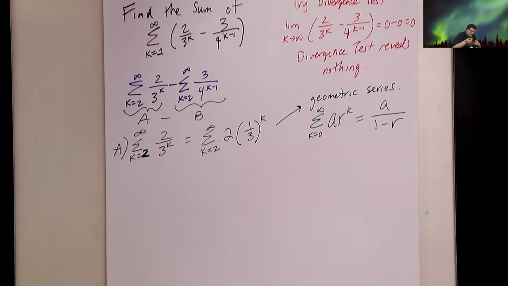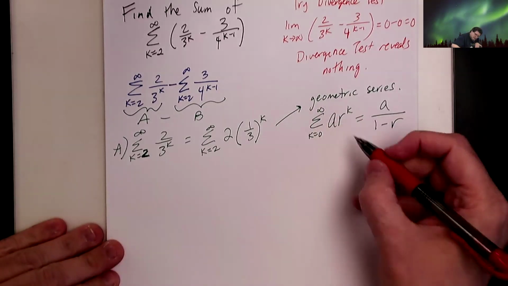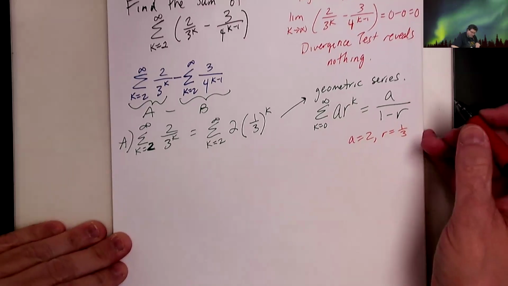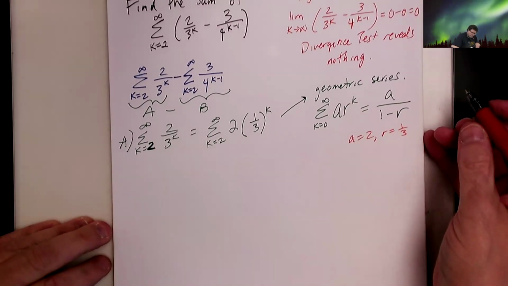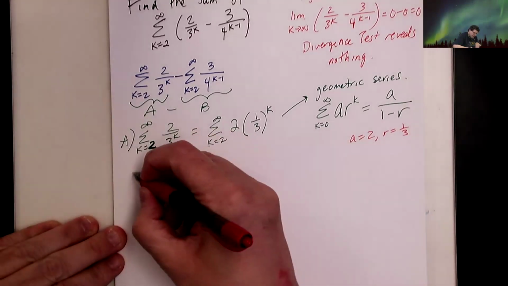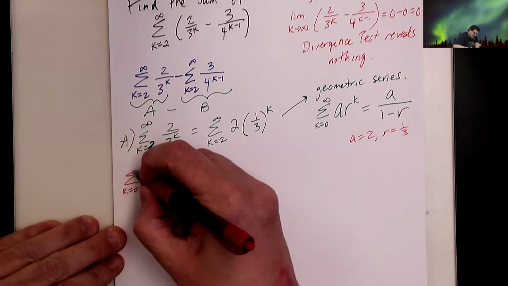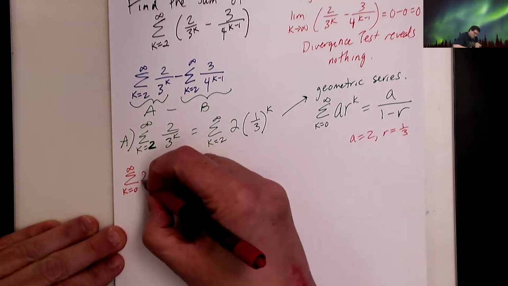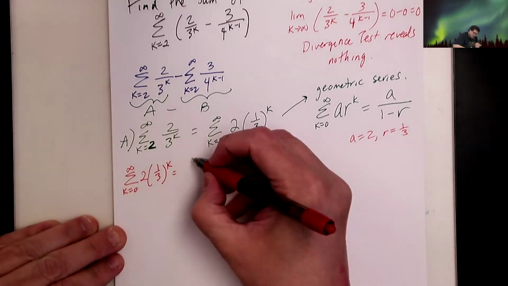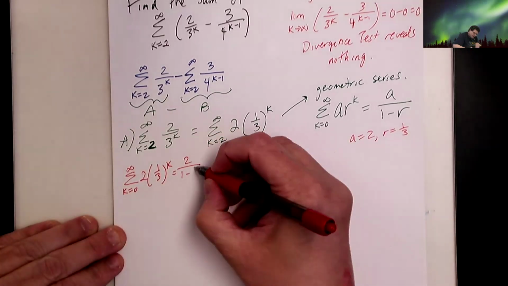So how is this going to relate? This looks like A equals 2 and R equals 1/3. So the summation from k equals 0 to infinity of 2 times 1/3 to the k equals 2 over 1 minus 1/3.